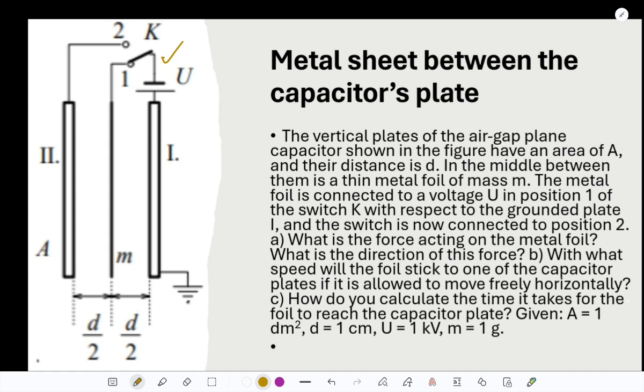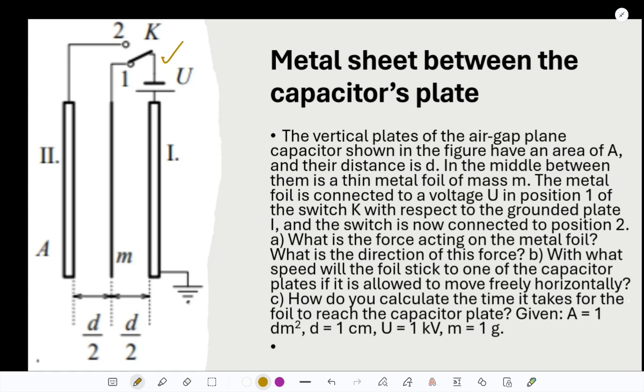Well, with what speed will the foil stick to one of the capacitor plates if it is allowed to move freely horizontally? And last part of the problem is, how do you calculate the time it takes for the foil to reach the capacitor plate?